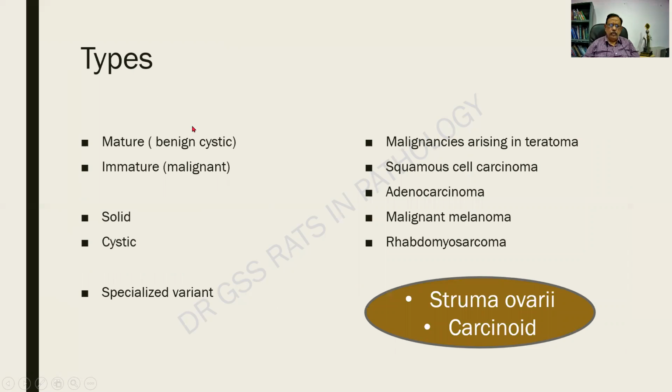The types of teratoma can be as follows. Fundamentally, mature and immature. Mature teratoma more common in the ovaries where it is called a benign cystic teratoma. Immature more common in the testis and there will be a malignant component.